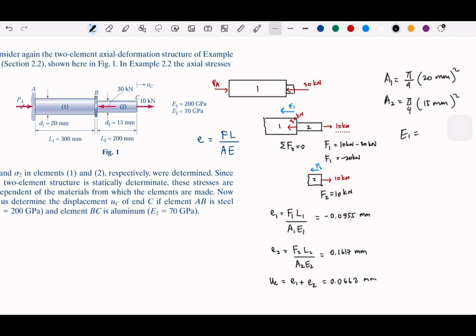For example, the GPa, we can relate it to the megapascal, because megapascal is Newton over millimeter squared, right? So we take thousands. This is MPa. Remember, this is going to be a useful unit. So basically take all and then compute.